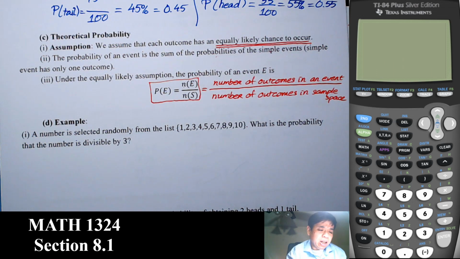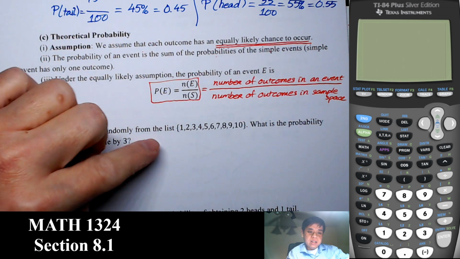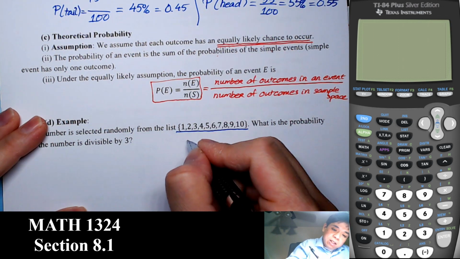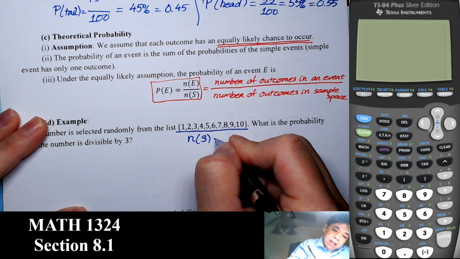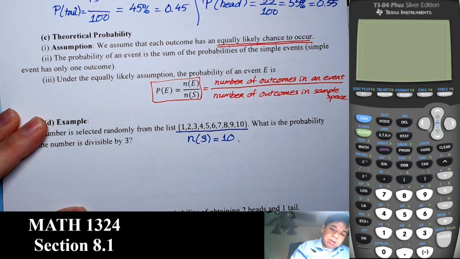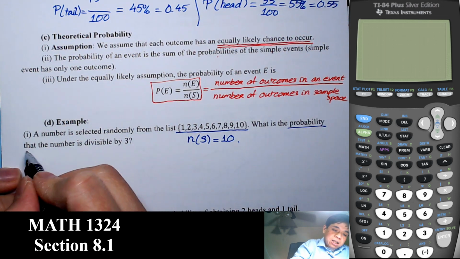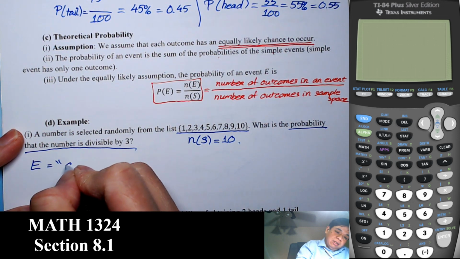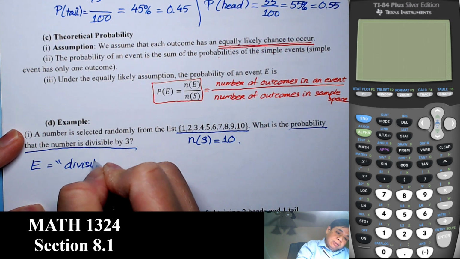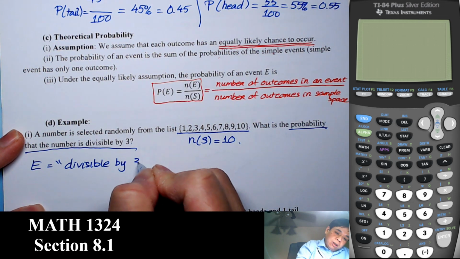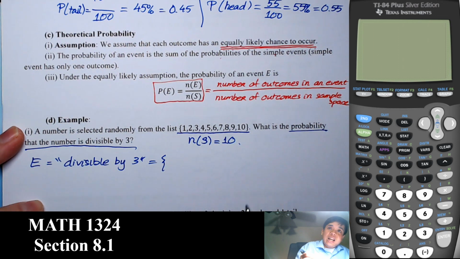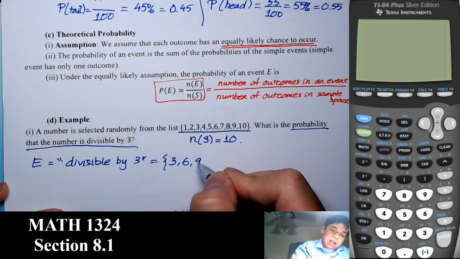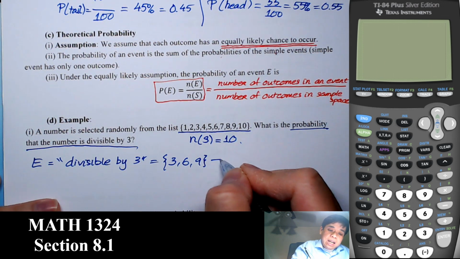Look at the first example. A number is selected randomly from the list. So that is the sample space. So when we have this list, the sample space has 10 numbers. Find the probability that the number is divisible by 3. So we write down the event E is divisible by 3. So what numbers in this list are divisible by 3? We count 3, 6, and 9. Those are divisible by 3, and there are 3 of them.